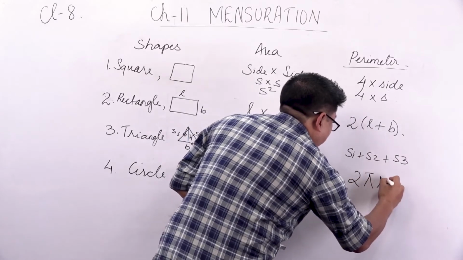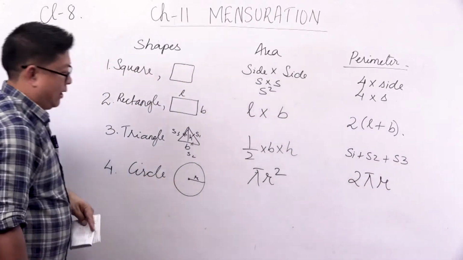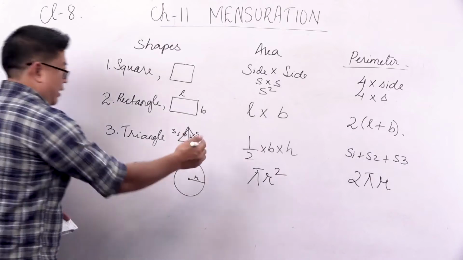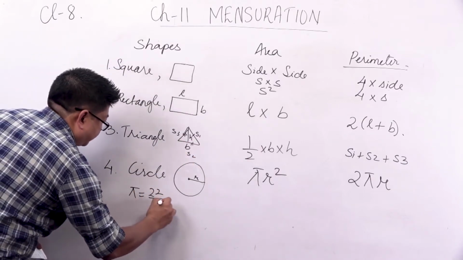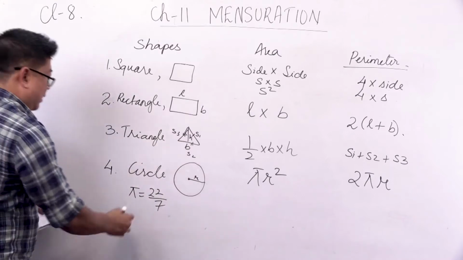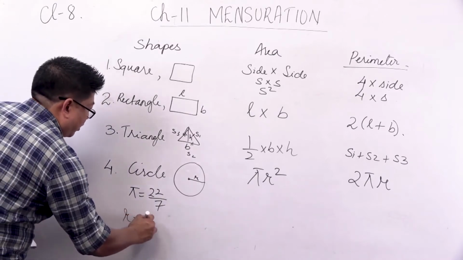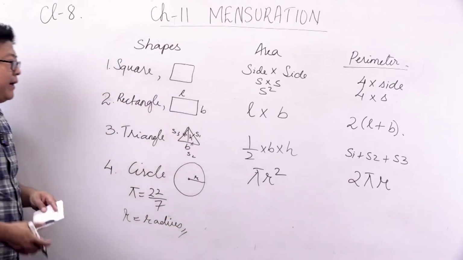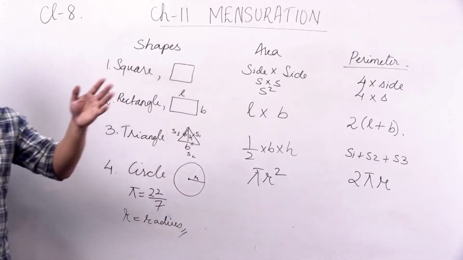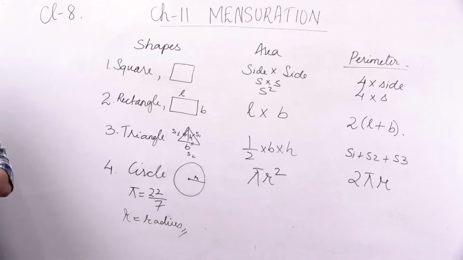And it is written as 2 pi r. Okay, here pi is always equal to 22 by 7, and r denotes your radius. Okay, so this is a quick recap of what we have learned so far, right?